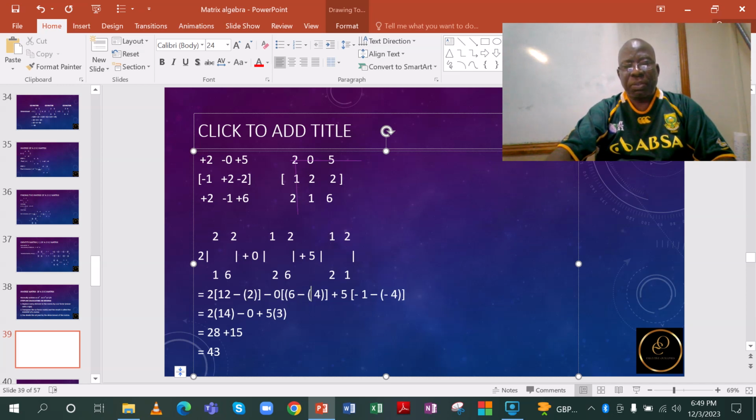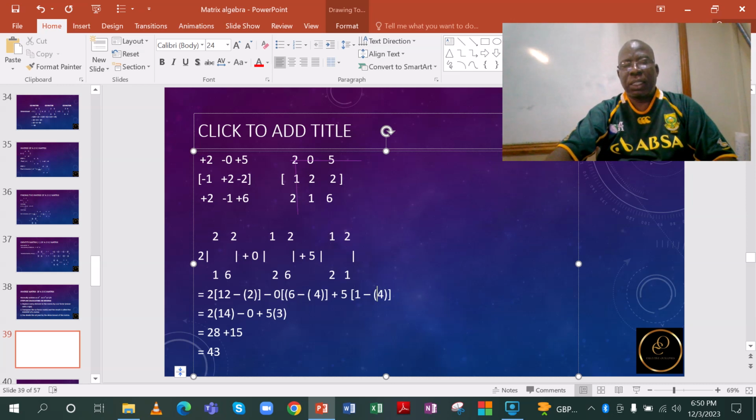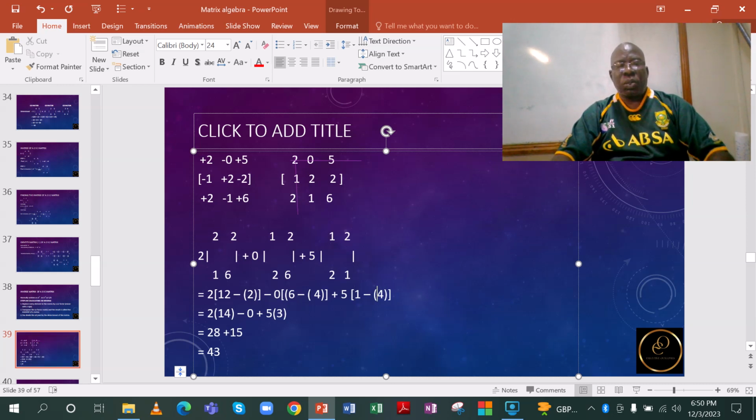Then plus 5 multiplied by 1 times 1, which is 1, minus 2 times 2, which is 4. So what we get now is 2 into 12 minus 2, which is 10.